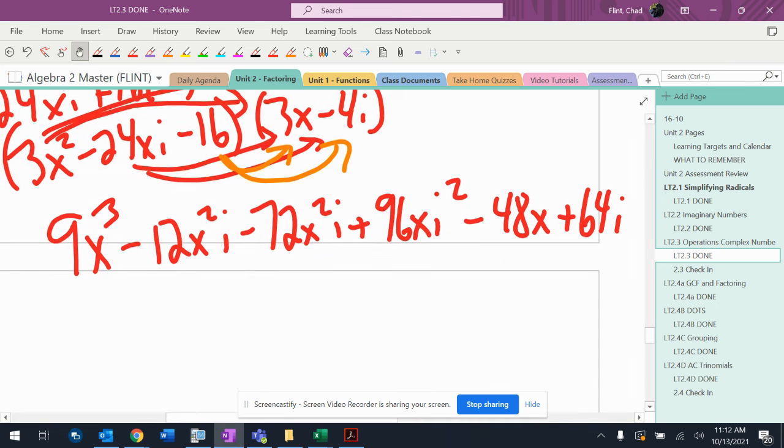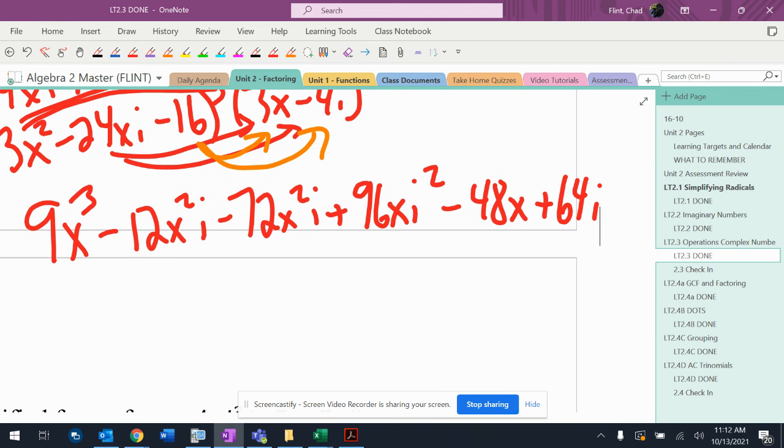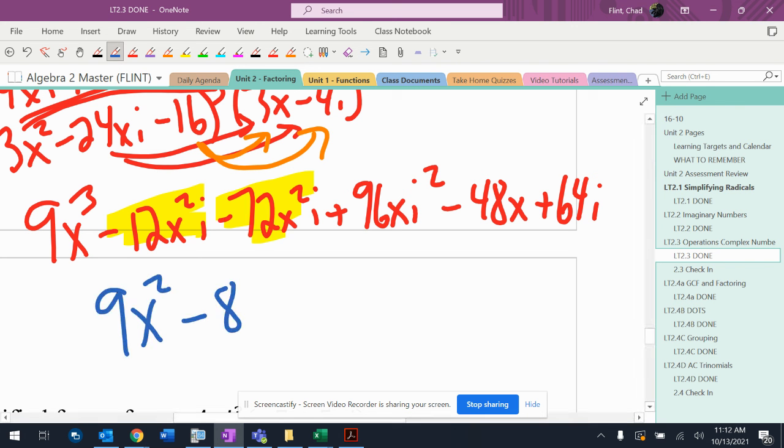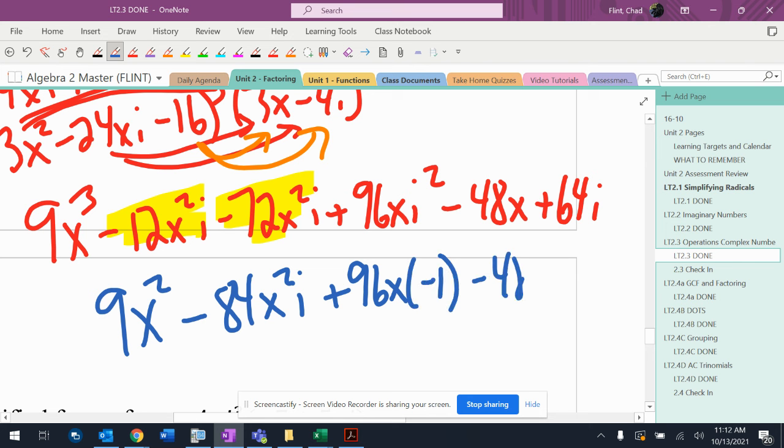All right, I got a bunch of stuff going on here. Let's see, I can combine these two things right here, and that's it. So I can do 9x to the third minus 84x squared i plus 96xi squared, that's a negative 1, minus 48x plus 64i.